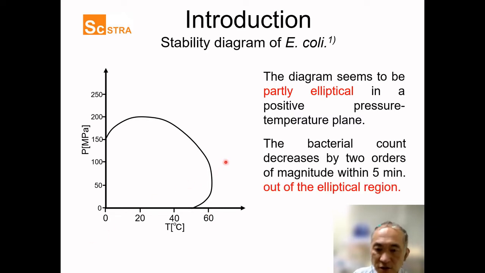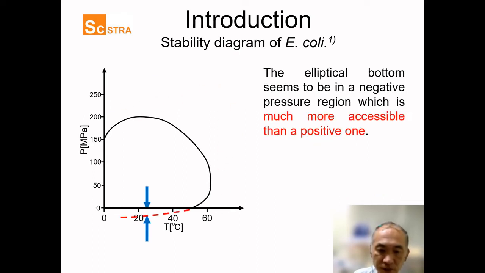The bacterial count decreases by 2 orders of magnitude within 5 minutes out of the elliptical region. The elliptical bottom seems to be in a negative pressure region, which is much more accessible than a positive one.